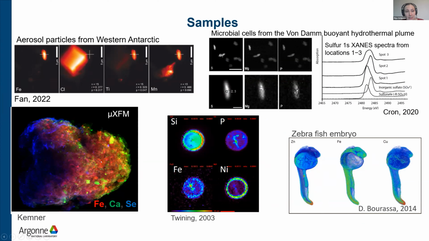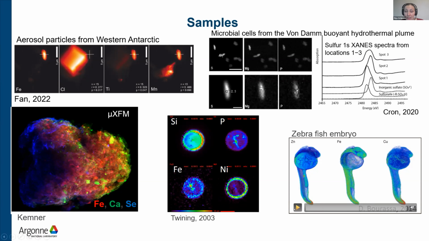soil aggregates and study porosity and distribution of essential elements or plant material through them. We can look at the ocean at the upper levels, looking at the plankton doing photosynthesis, as well as at microbial cells from hydrothermal plumes.